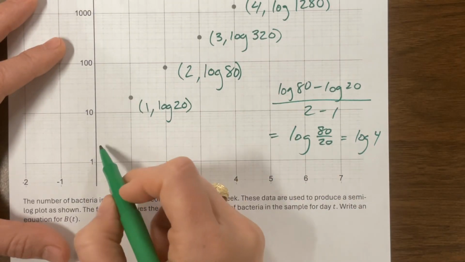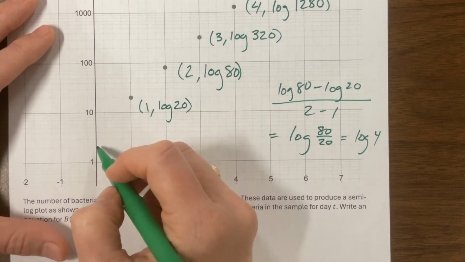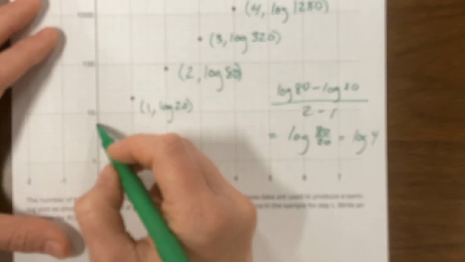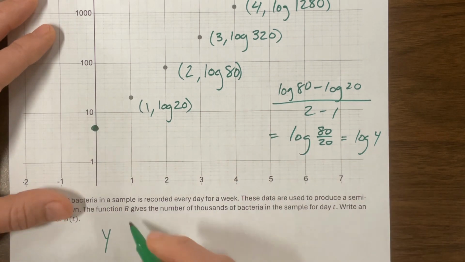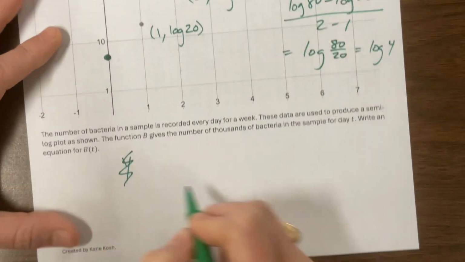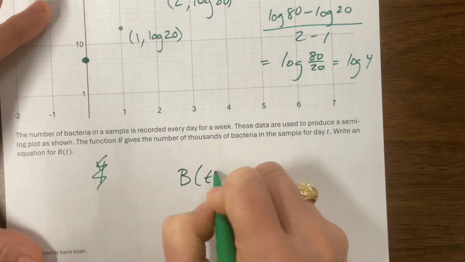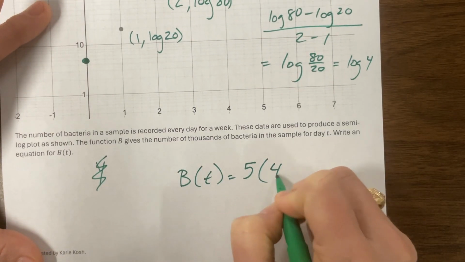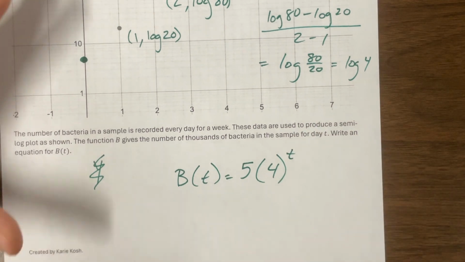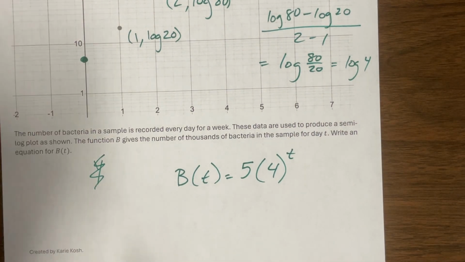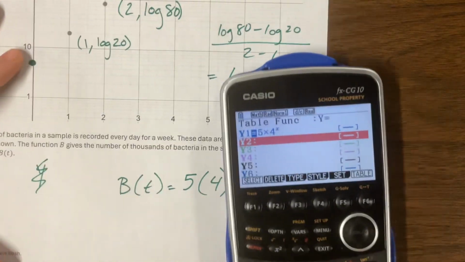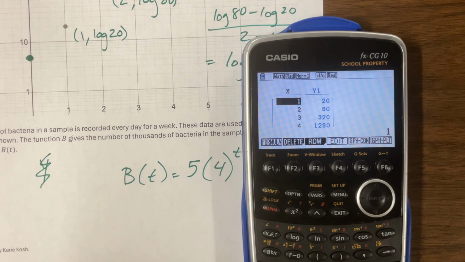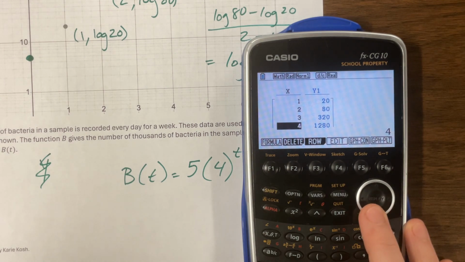If I come back one and divide by 4, I'm at 5. And so I think what we want here is b of t is equal to 5 times 4 to the t. And you may notice that that was exactly what I plugged in my table to create my different values. So yeah, those were all those points.